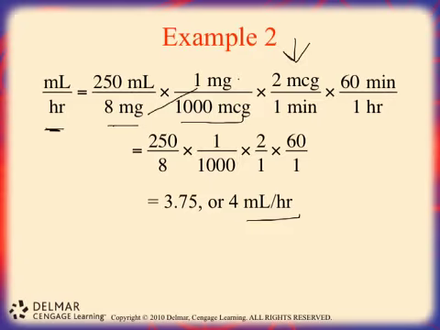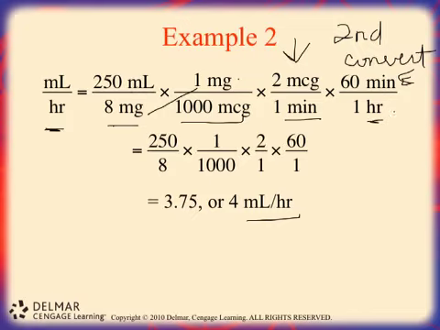This is just a second conversion because we're converting minutes to hours because we want to end up with hours. So you've got your 1 minute here and then 60 minutes here is equal to 1 hour.